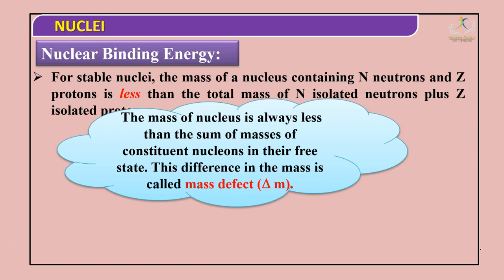As I told you earlier, that difference is known as the mass defect. How do we calculate it? We sum up the individual masses of the nucleons, take the mass of the complete nucleus, and subtract. The term that comes out is delta M, the difference of mass, which we call the mass defect.